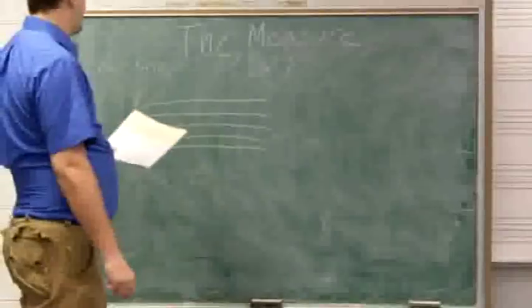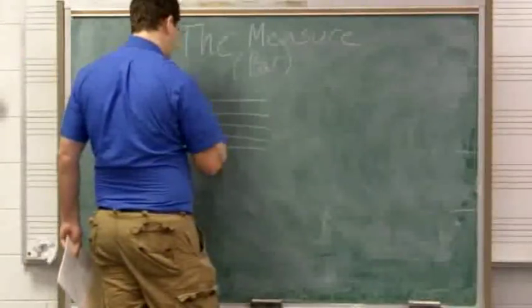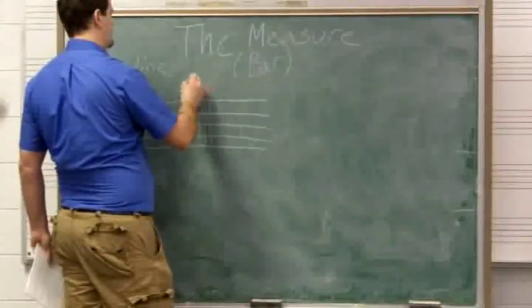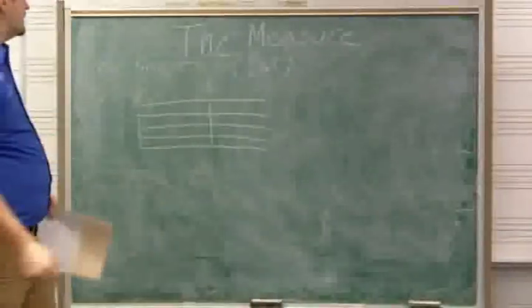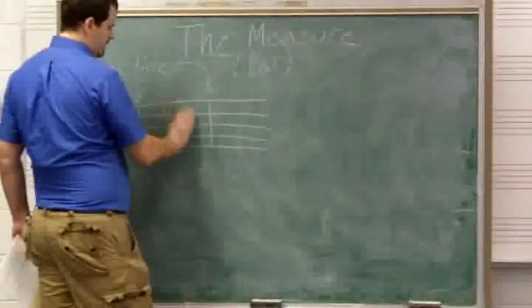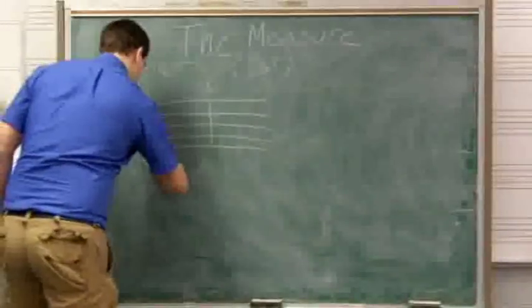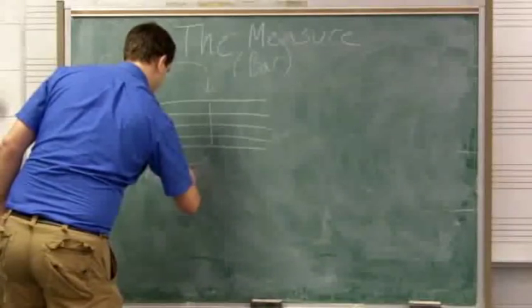We usually would call it a bar line. And if we have another line, right there, that is also a bar line. So these are bar lines. Now the space created between those, that is what we're going to call a measure.